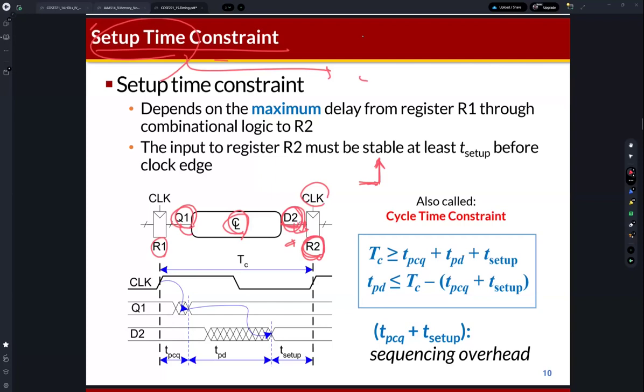Then how can we analyze this setup time? Analyze the timing for considering the setup time constraint. I said this output D2 needs to be stabilized. Then how is the timing of D2 determined? Do we need to consider the minimum delay or maximum delay for this case?